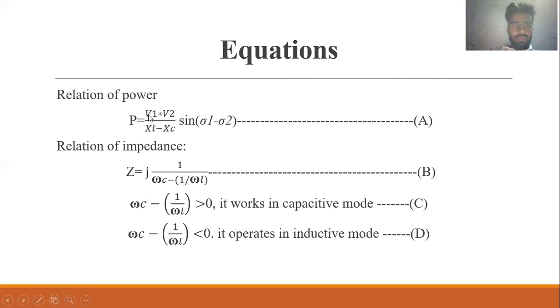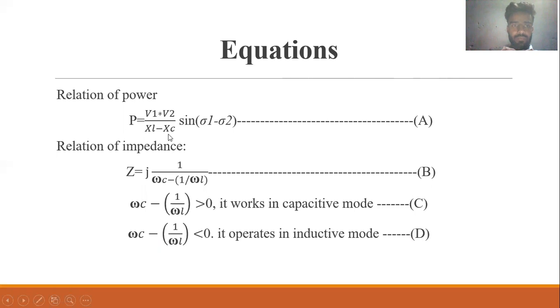V1 is the voltage at one end, V2 is the voltage at the second end, and alpha 1 and alpha 2 are the conduction angles between the two ends. So when we embed a capacitor in series, it reduces the overall impedance of the transmission line. Here you can see in the denominator XL minus XC.